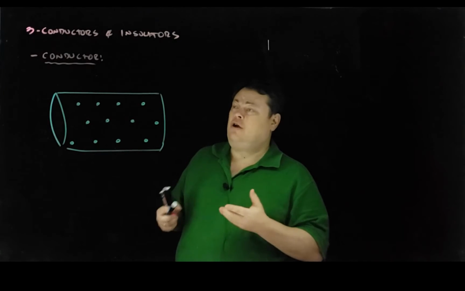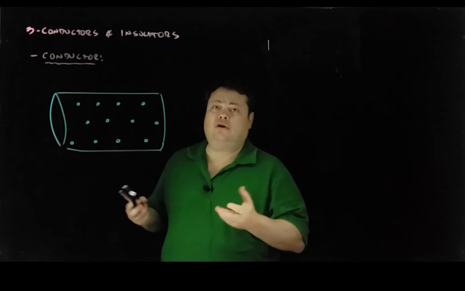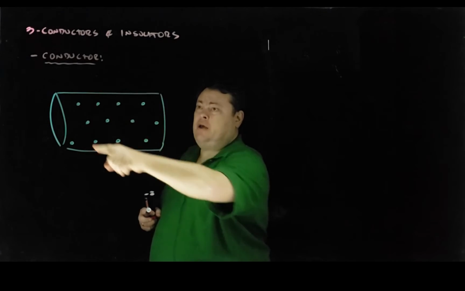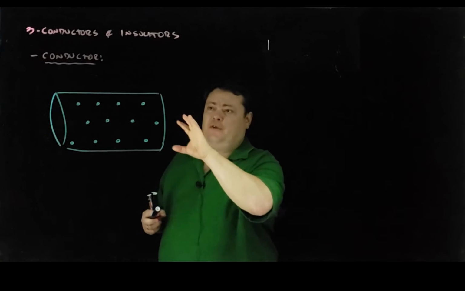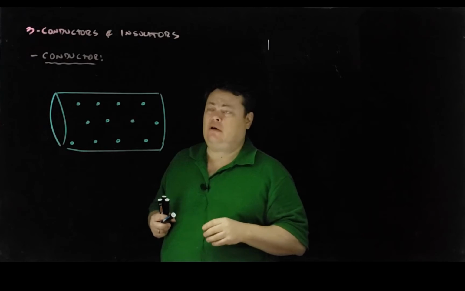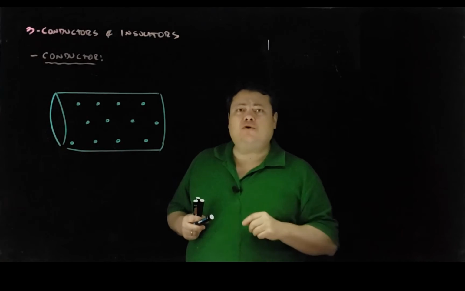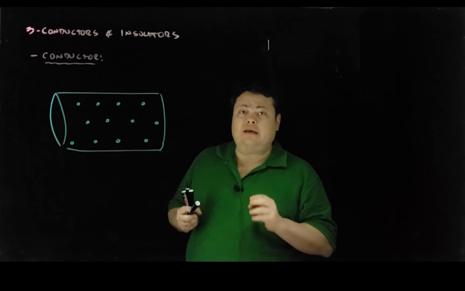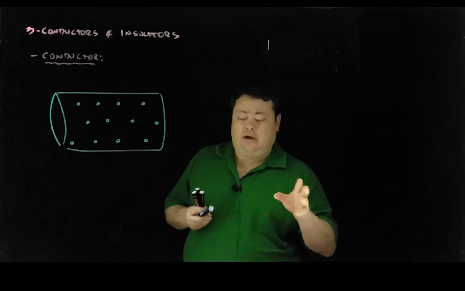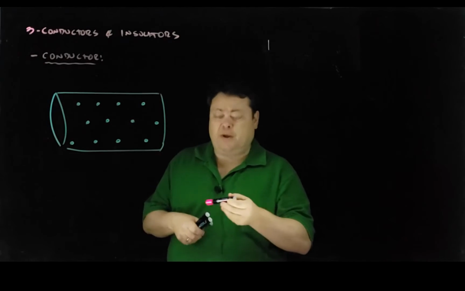If in here now we represent a piece of a conductor, a piece of wire, so here's the wire, and these dots are representing the atoms of the grid of this wire, what we'll see is that the outermost electron, which is not so strongly bound to the nucleus, can easily be released, and it will be moving around inside of this space.